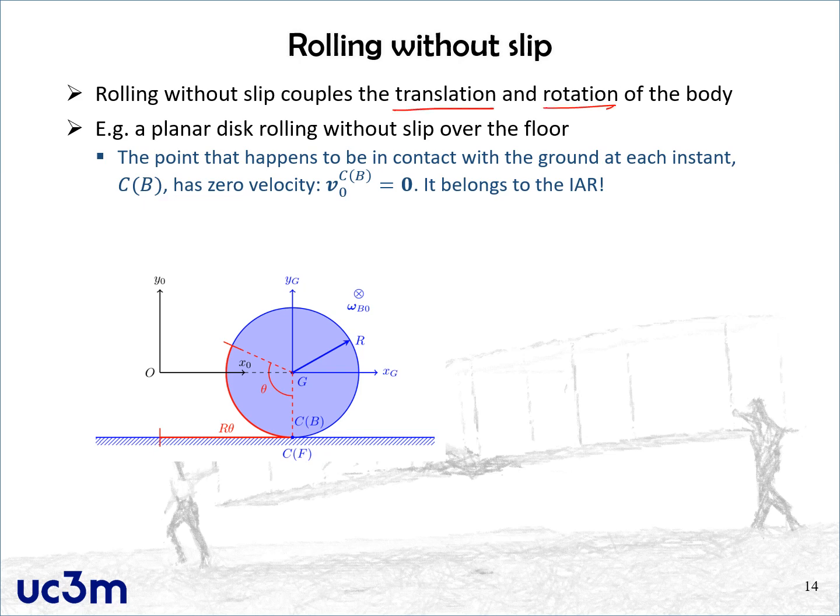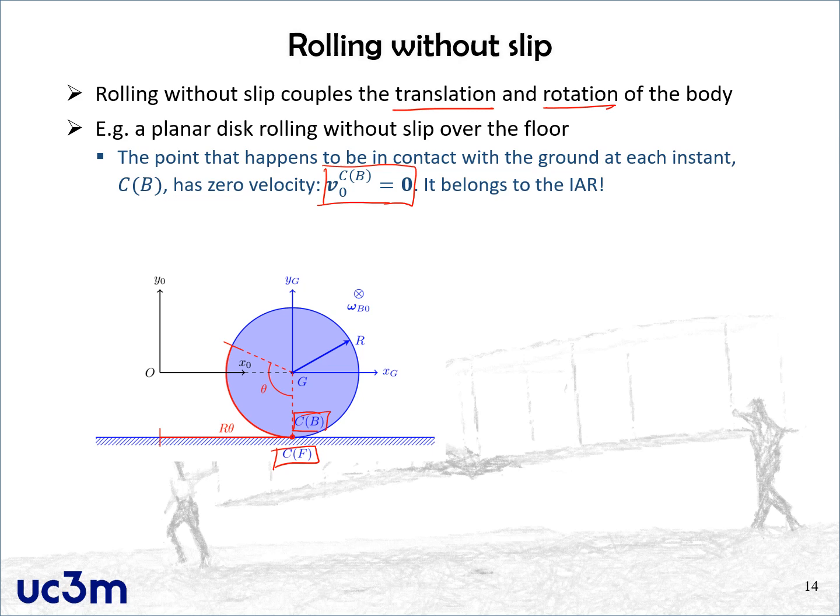Let us take a closer look at a simpler example: just a disc or a wheel, as you see over here, rolling without slip over the floor. The contact point, what we call CB, or CF when we refer to the corresponding point on the floor, have the same velocity. If we accept that the floor is not moving, that means that the contact point of the wheel has 0 velocity.